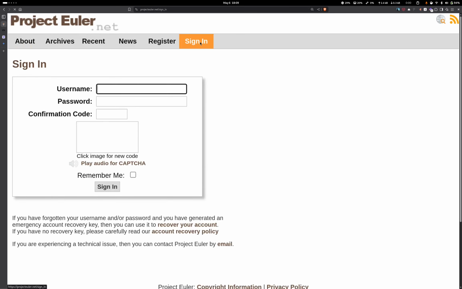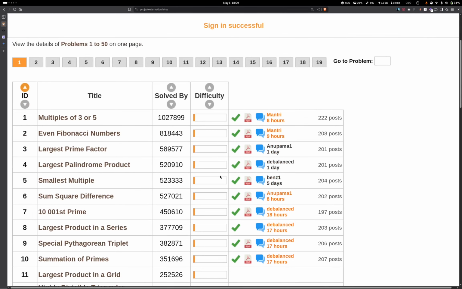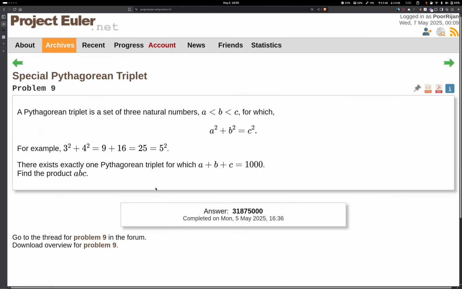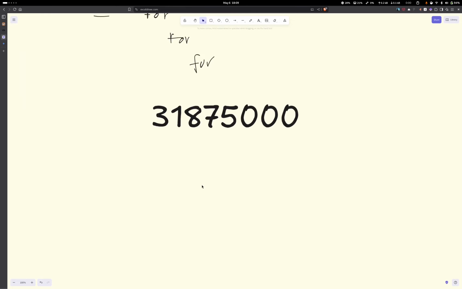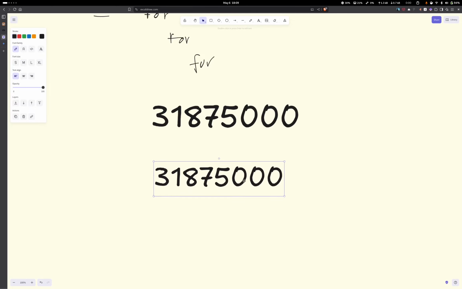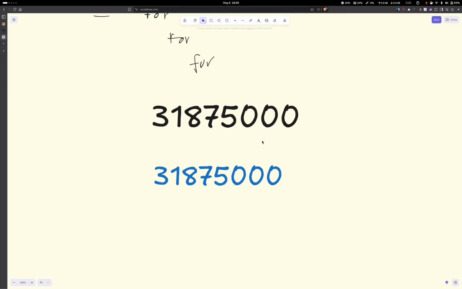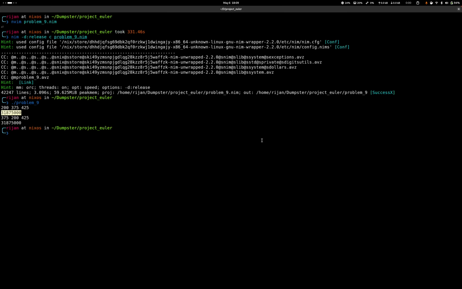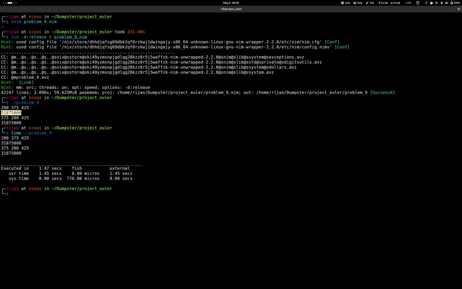And we're going to sign in. Username and password. Problem 9. And problem 9 is, according to the website, 31875000. So let's see one thing. Time problem 9. 1.47 seconds.